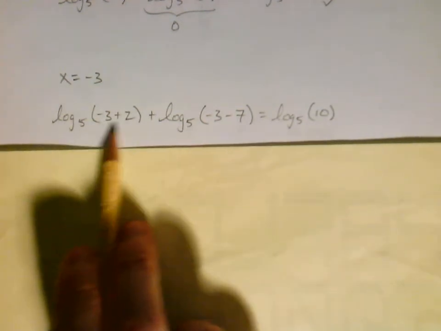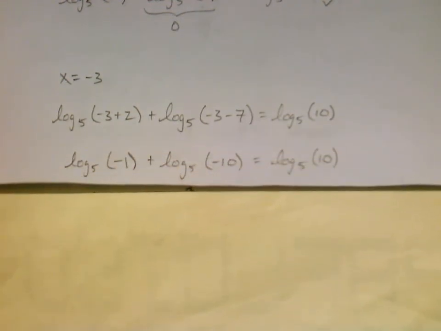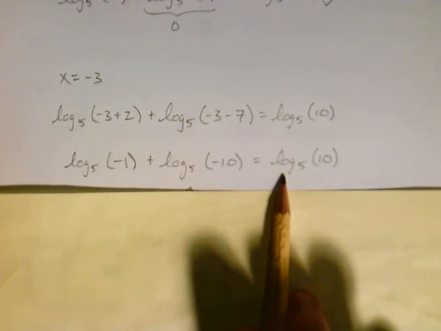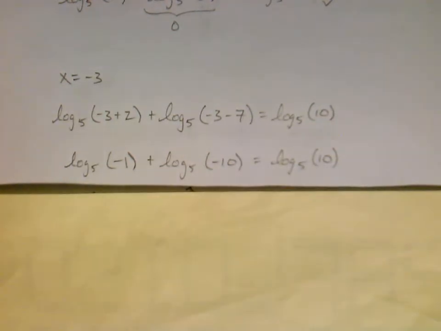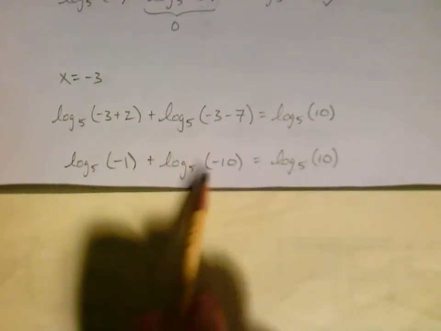Well, negative 3 plus 2 is negative 1. Negative 3 minus 7 is negative 10. And this is supposed to add up to the log of 10 with base 5. And you look at that, well, what's the big deal? So it turns out that the log of a negative number is undefined.